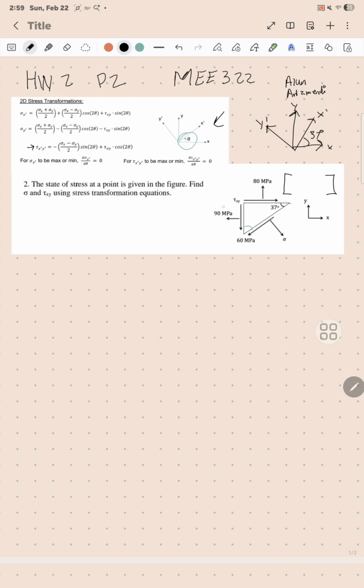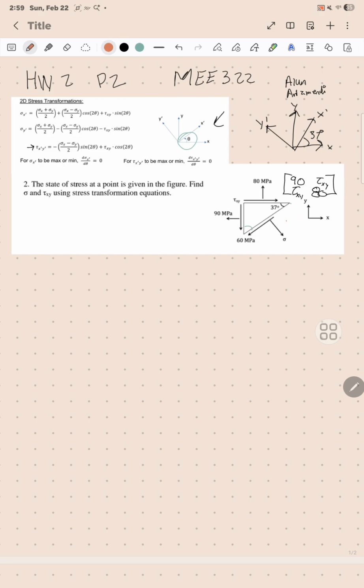In my x phase, I'm going to have 90, and it's pushing away, which means it's tension. So that's going to be positive. Tension is positive. And we know that 80 is going to be on that y phase, and it's pushing away again, so it is going to be positive. And tau xy is what I'm trying to find, so I'm going to place that over here. Cool. Now, I gotta figure out what sign this is, if it's positive or negative.